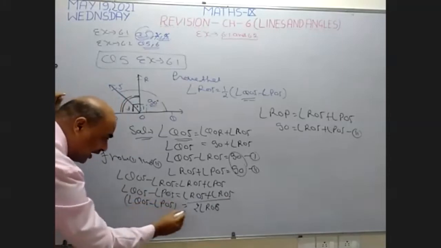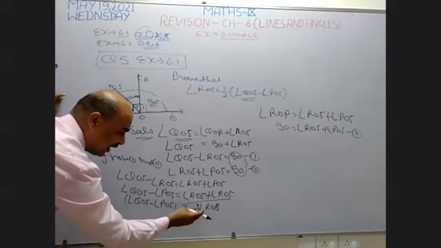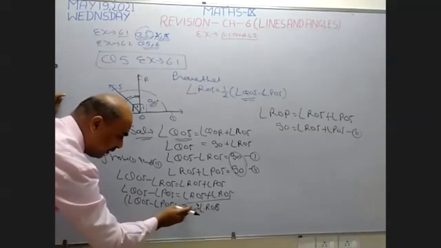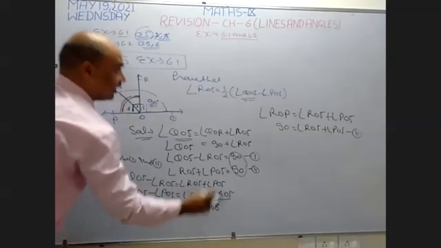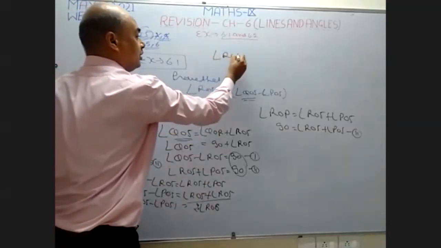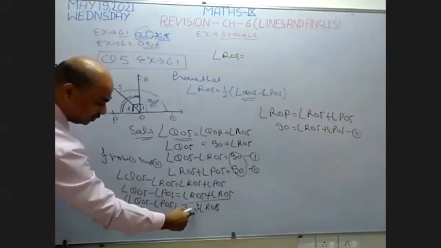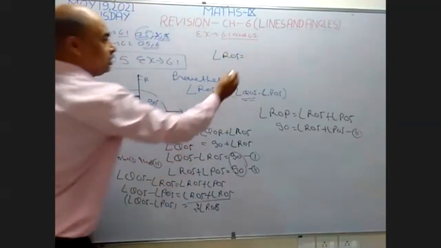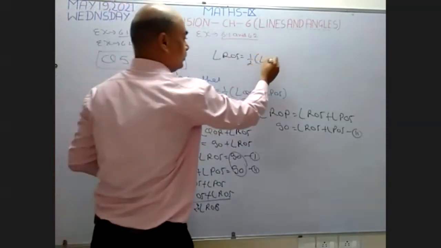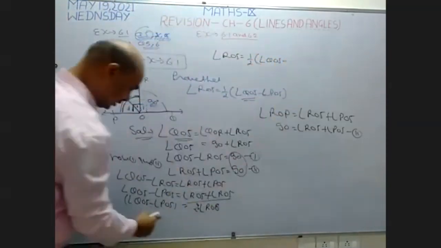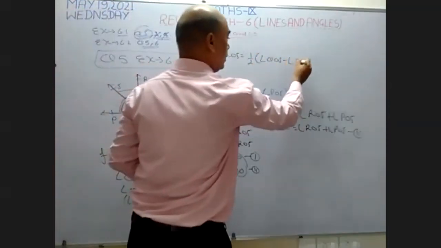Now I want to take this 2 from left to right. When I take it from left to right, the multiplication number becomes a division. So what is the answer? ROS is equal to, this 2 is going to divide, so this becomes half of angle QOS minus POS.